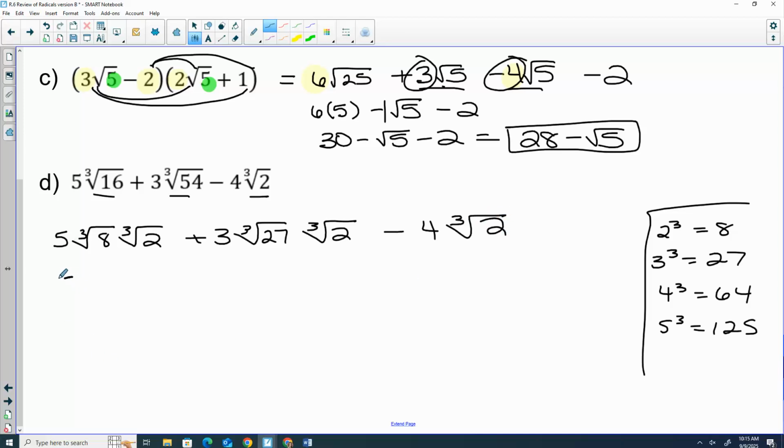Alright, so here we have a 5 times the cube root of 8. That is a perfect cube, that is a 2, so it comes out of the radical. And my radical 2 just stays. Here we have 3 times the cube root of 27. What is the cube root of 27? 3.